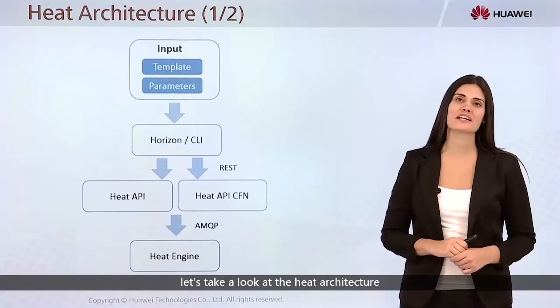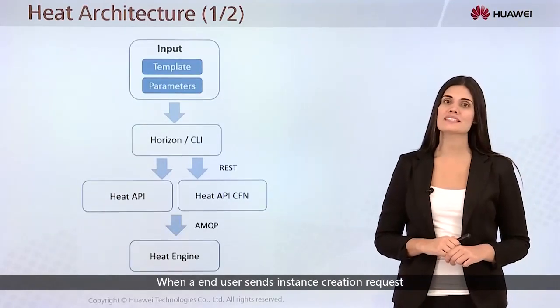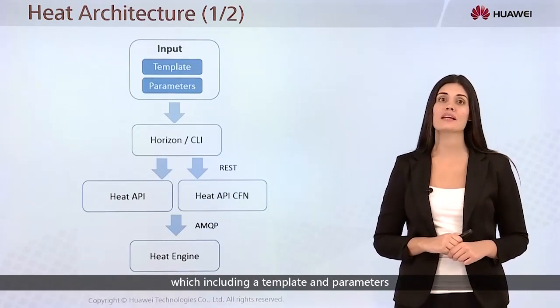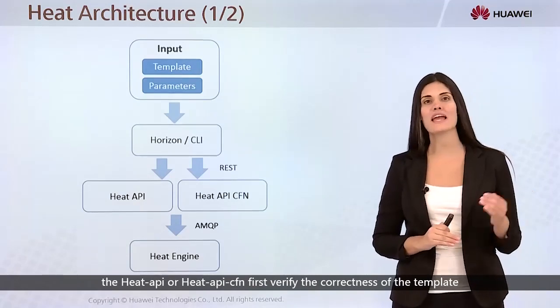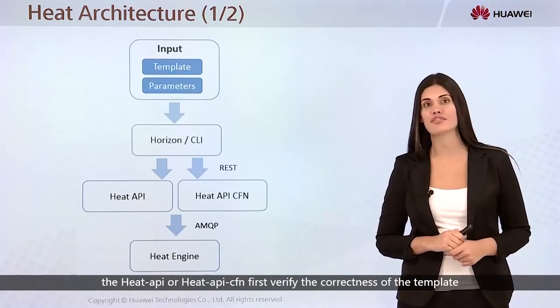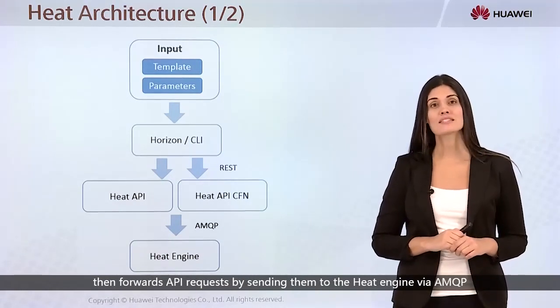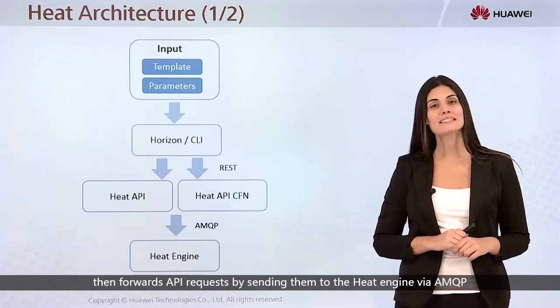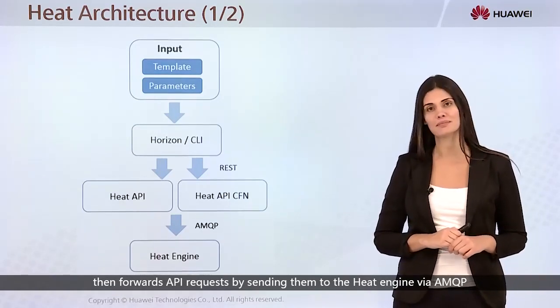Now, let's take a look at the Heat architecture. When the end user sends an instance creation request including a template and parameters, the Heat API or Heat API CFN first verifies the correctness of the template, then forwards the request by sending it to the Heat engine via AMQP.